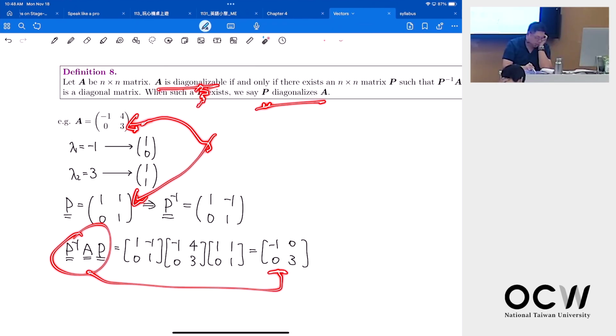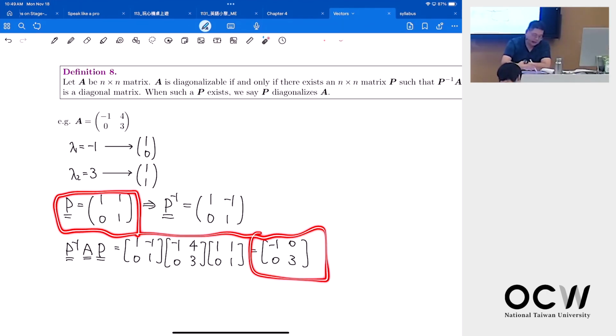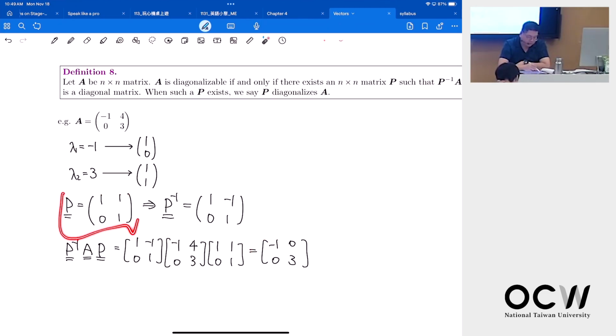Okay. Any questions? And then from this example, what do you observe? What do you observe about the matrix P, and also the diagonal matrix? Anyone, any thought? Based on this example, we found the P matrix and also the diagonal matrix.